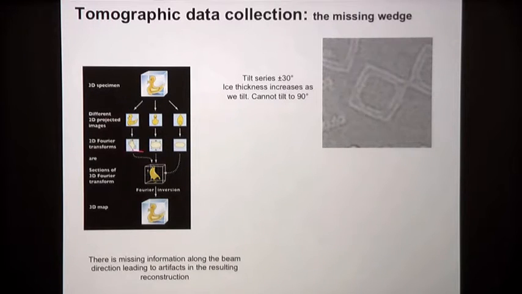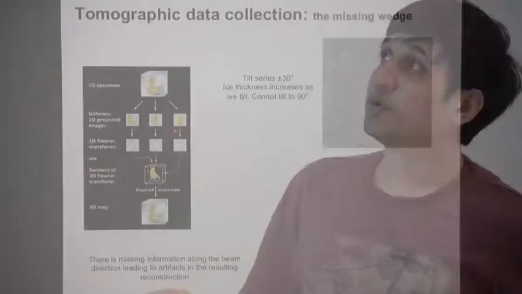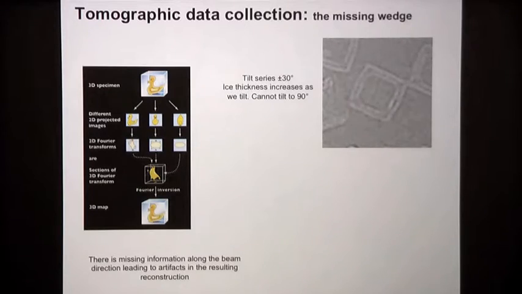If you take a Fourier transform of these projections, they are simply slices in the three-dimensional Fourier transform of our original object. So you can imagine if you can't tilt the grid beyond a certain point, there will be missing information in Fourier space, and this will lead to artifacts in the resulting reconstruction.